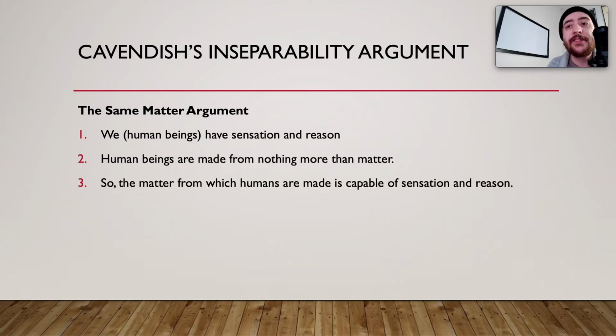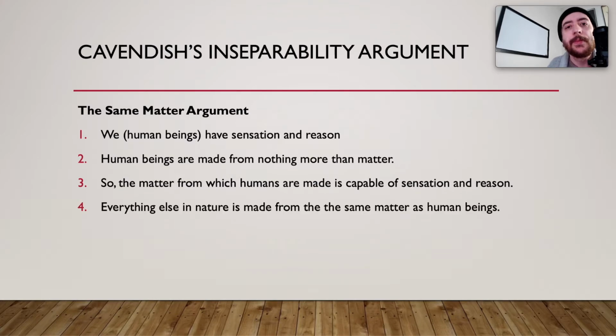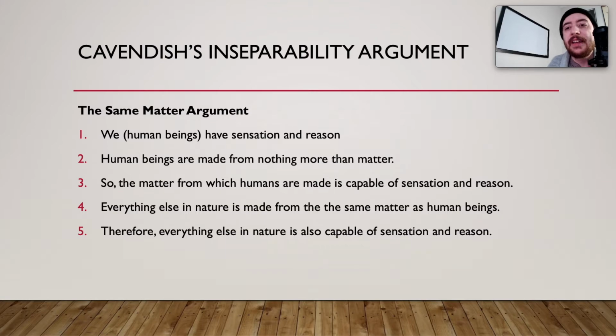So the matter from which humans are made must be capable of sensation and reason. Well, everything else in nature is made from the same kind of stuff that human beings are. So it's the same kind of matter that makes us up as anything else, like an animal or a plant. And thus, if this matter has sensation and reason, and it also composes other things, then everything else in nature must also be capable of sensation and reason.